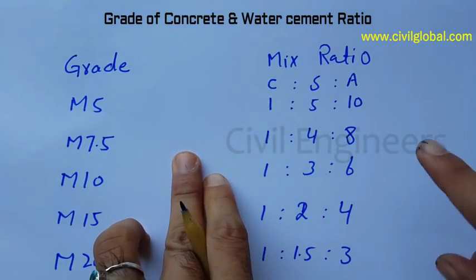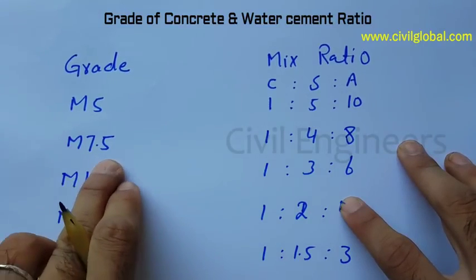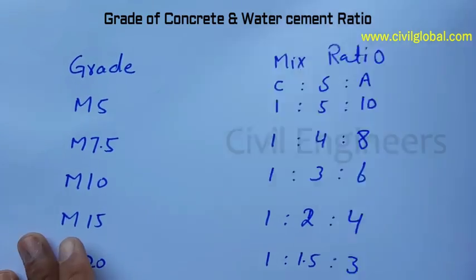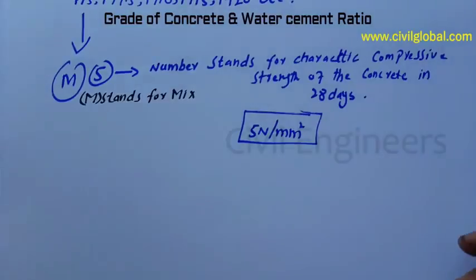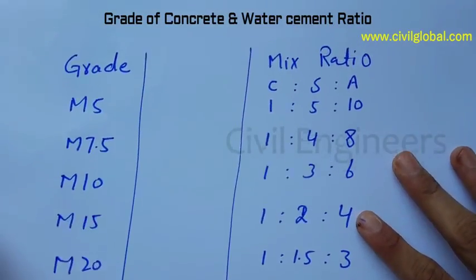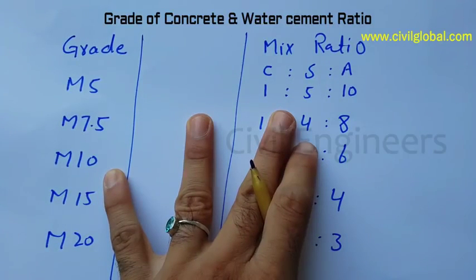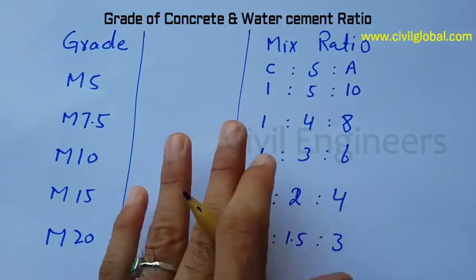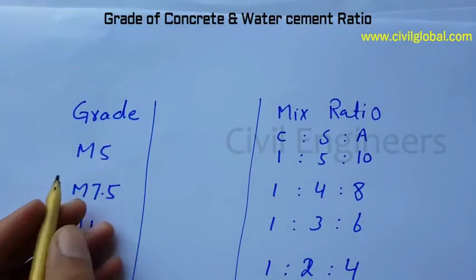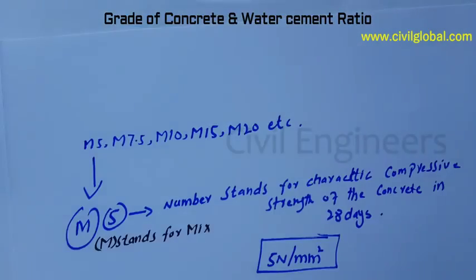Now we have to find out how many liters of water are required for M5, M7.5, M10, M15, M20.